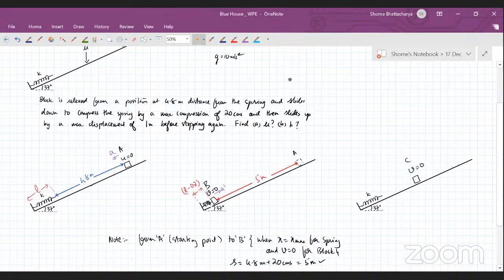But at how much distance from the spring? Not 1 meter, but 0.8 meters. Because from this position, B was somewhere here. From here, it is going to be 1 meter.